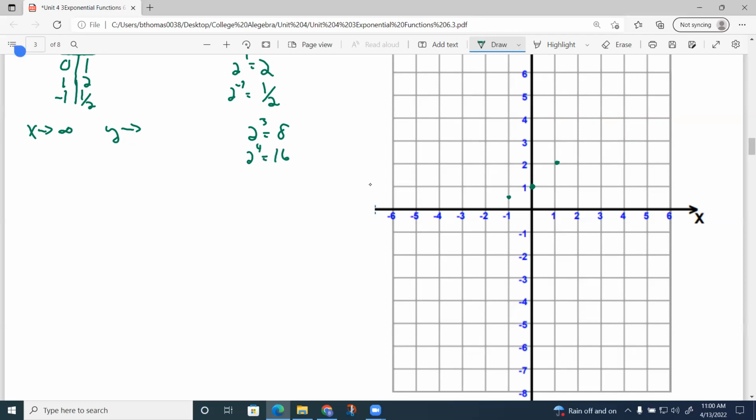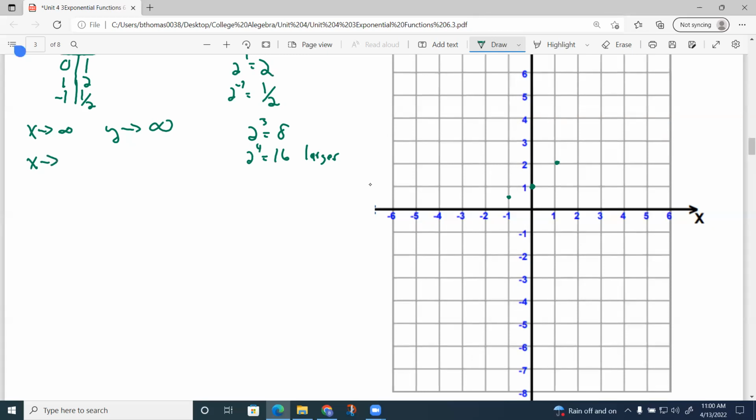So what we're seeing is the y values are just getting larger as the x values increase. In other words, they're going to be approaching infinity. So as I go to the right, the graph should be going up. It's getting larger.